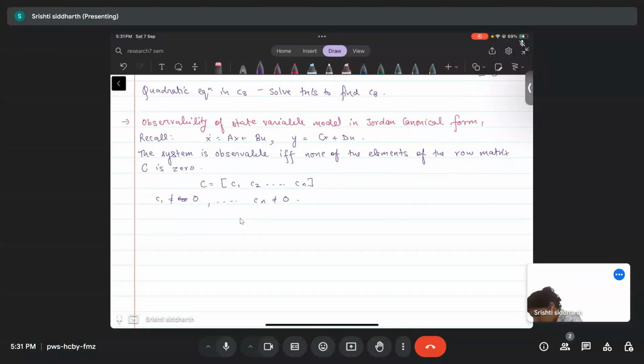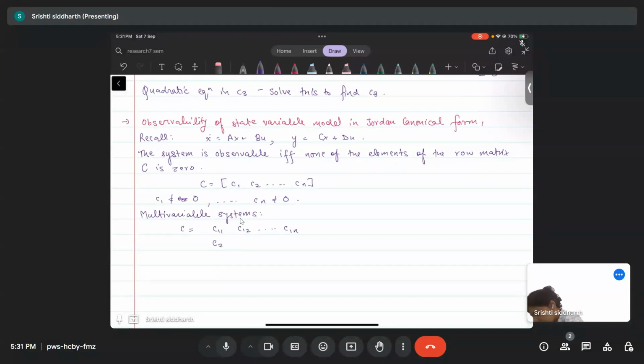For the multivariable case or multivariable systems, let me write down the C matrix. For example, we have C11, C12 up to C1n, and let's say there were some Q measurements.